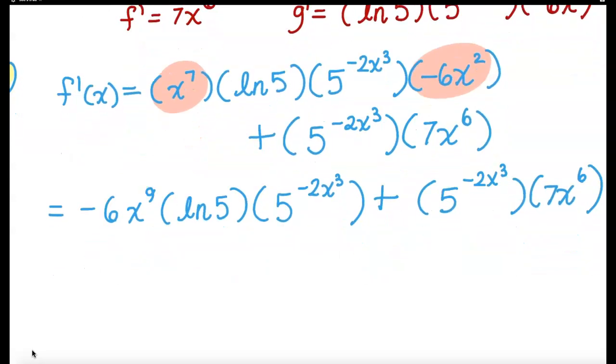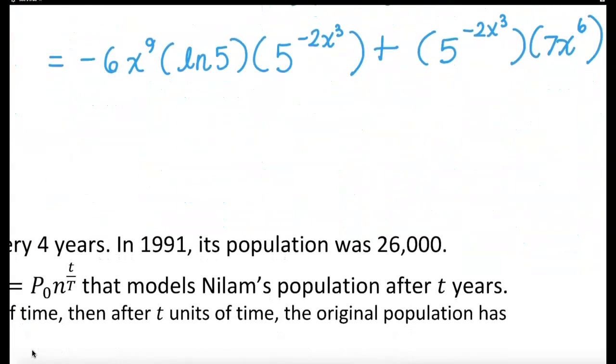I guess I can stop here, but I do see common factors, so I want to pull some out. What are the common factors? This ugly term almost looked like a typo. I can factor out x to the 6th from these two. So my final answer is x to the 6th power times 5 raised to the negative 2x to the third.